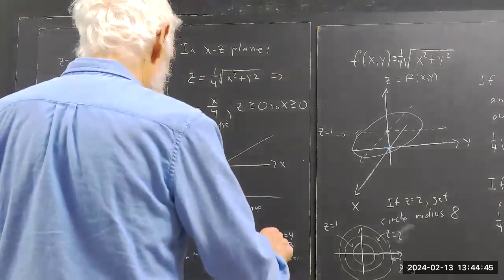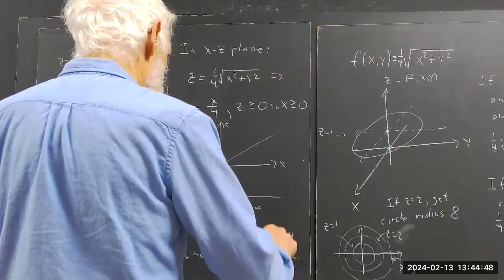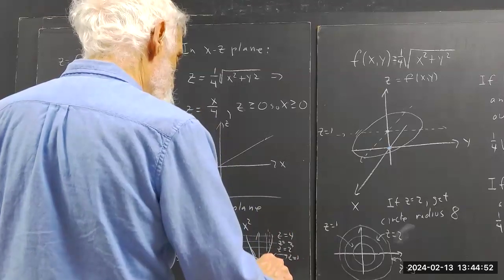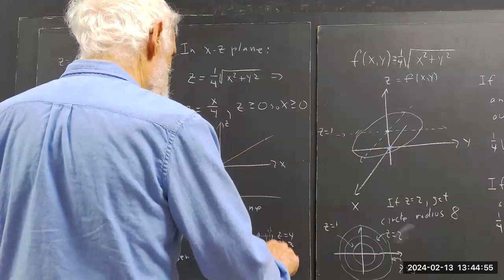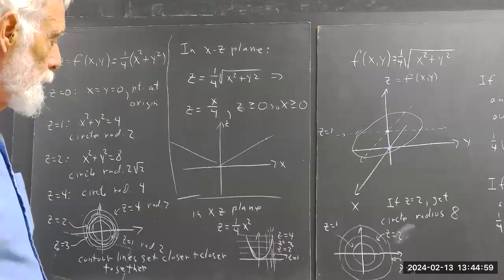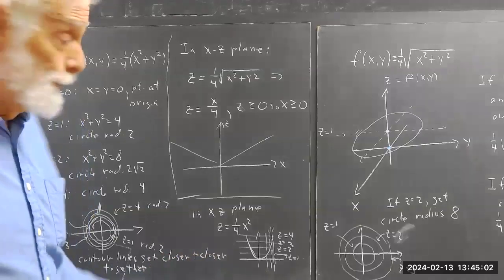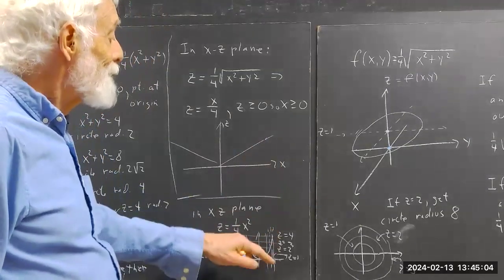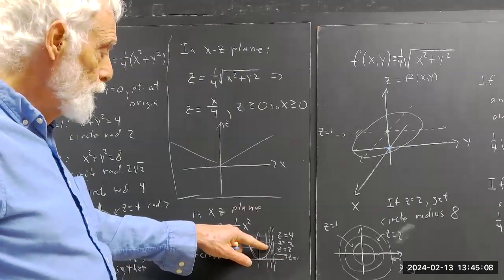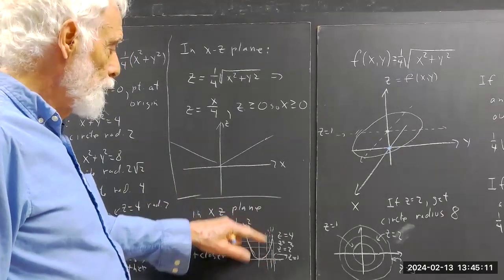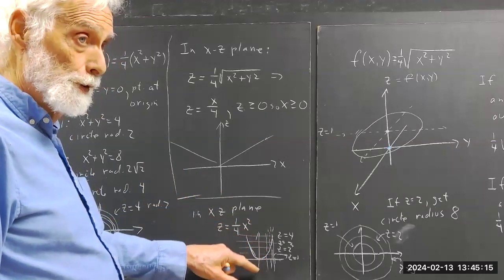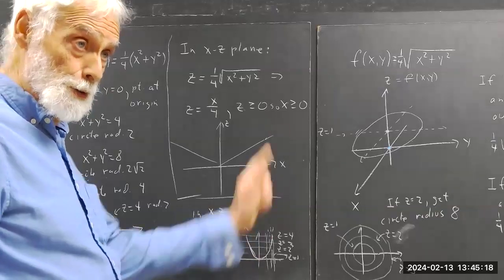You project down to the x-axis, and you see that these projection lines get closer and closer together. You need a bigger picture to do that accurately. This thing's getting steeper, so it gets from z equals 1 to z equals 2 a lot faster. The slope gets from z equals 3 to z equals 4 faster than it does from 2 to 3, which is faster than it does from 1 to 2, which is faster than it does from 0 to 1, because it's steeper.